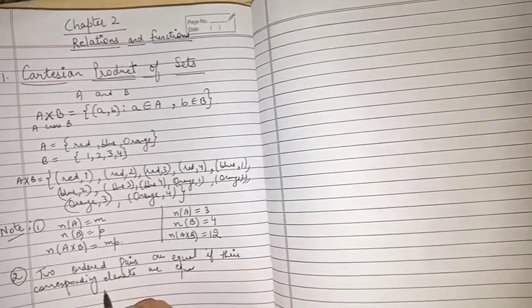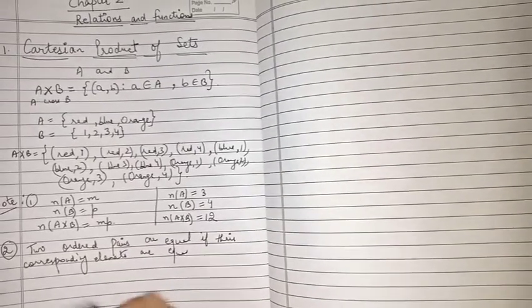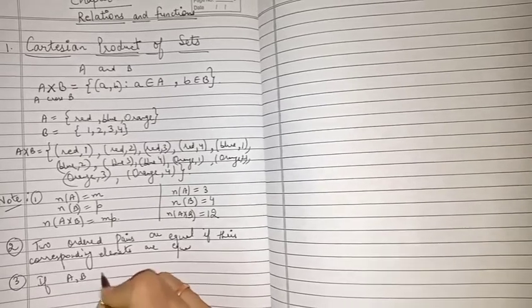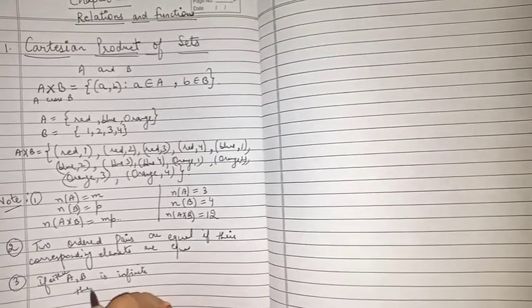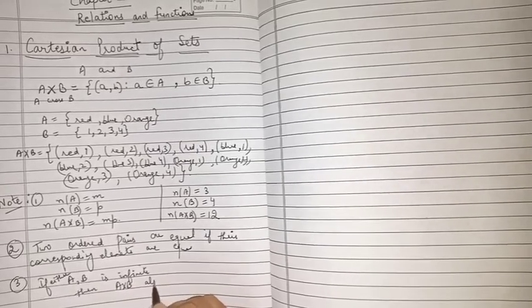That means first element is equal to first element and second element is equal to second element. Third result is, if either A or B is infinite, then A cross B is also infinite.